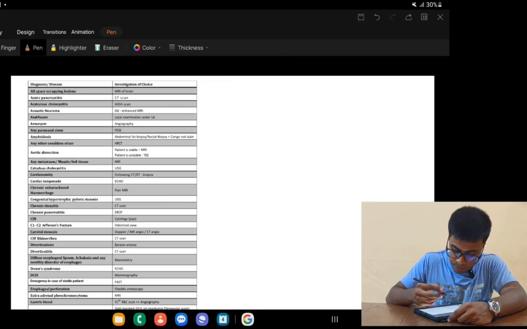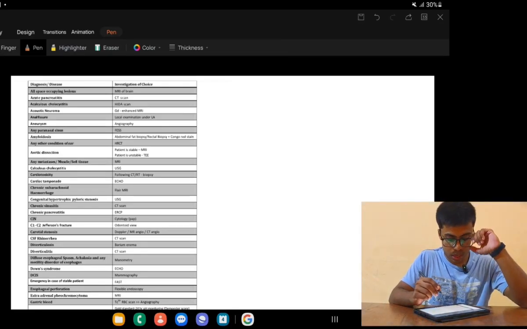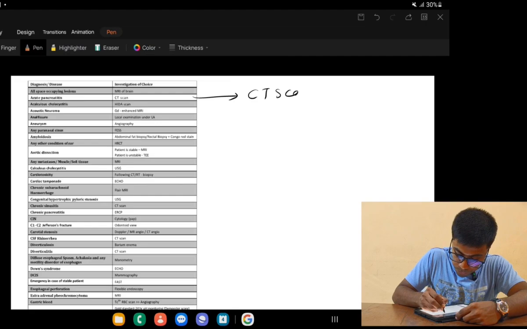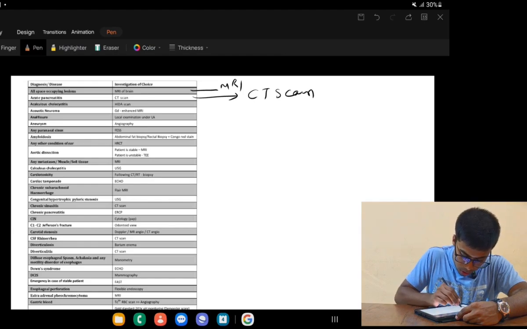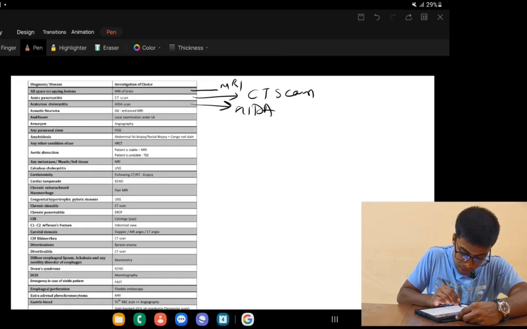Now this table is very important because this time also in January they have asked questions related to this. Acute pancreatitis, you should do a CT scan. Fluid space accumulation, MRI brain. Acalculous cholecystitis, HIDA scan. Then anal fissure, local examination under local anesthesia. Aneurysm, angiography.